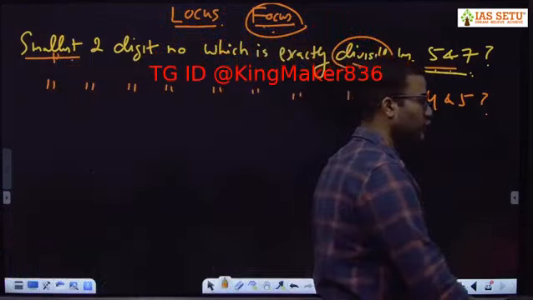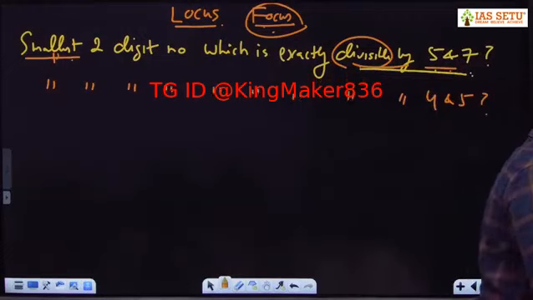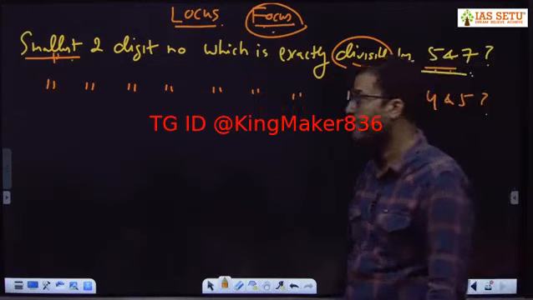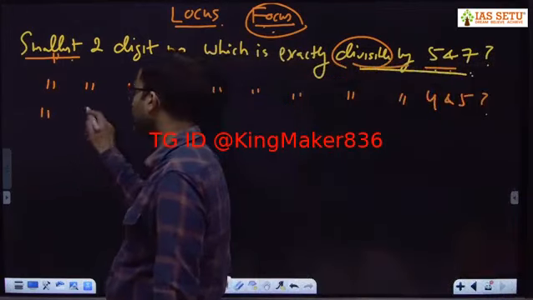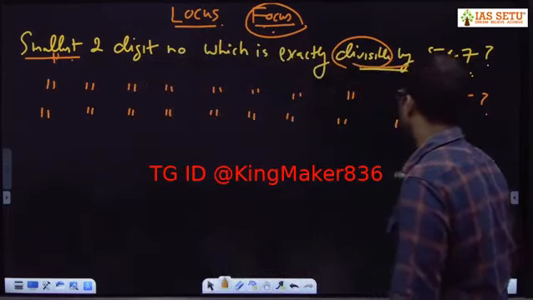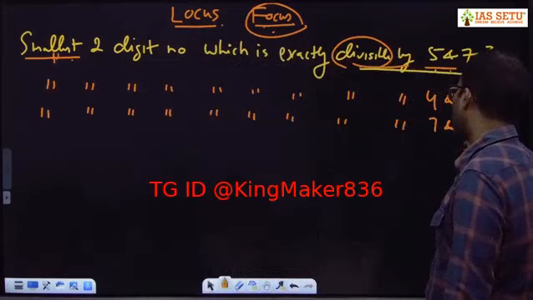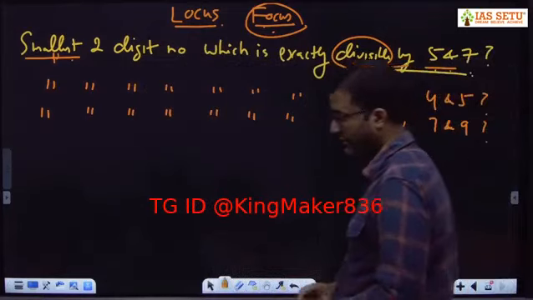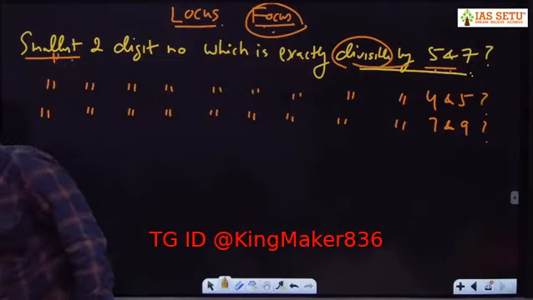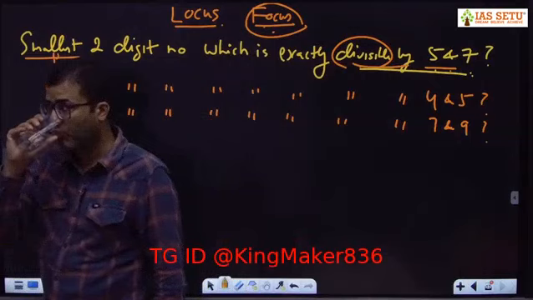So the smallest two-digit number exactly divisible by 4 and 5 is 20. My next question: smallest two-digit number which is exactly divisible by 7 and 9. 63.